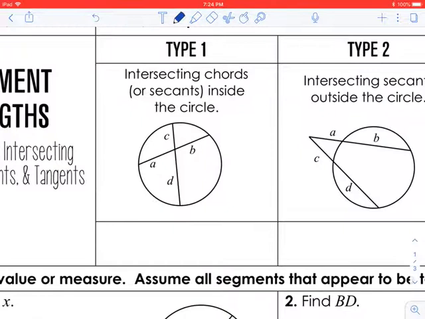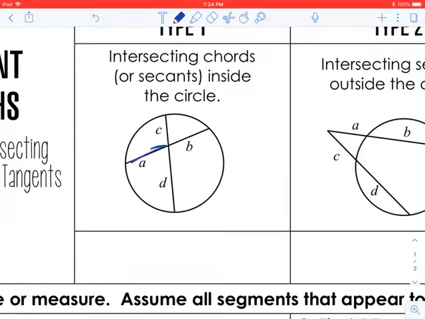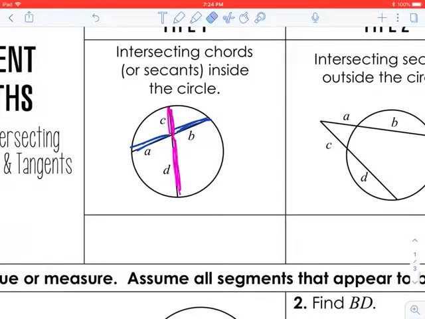So the first one, we have intersecting chords or secants inside of the circle. So if you split this up into this part and this part, and then the other one, C and D, this part and this part, they intersect at a certain point. So, since they intersect, they have a certain relationship, okay?